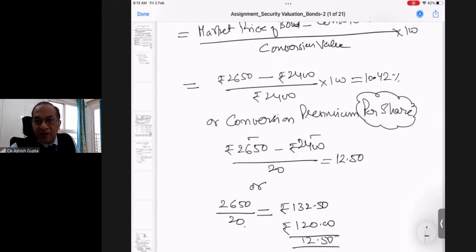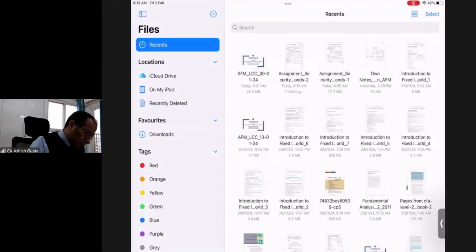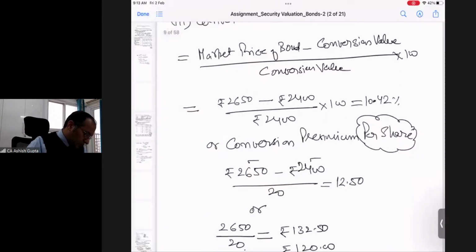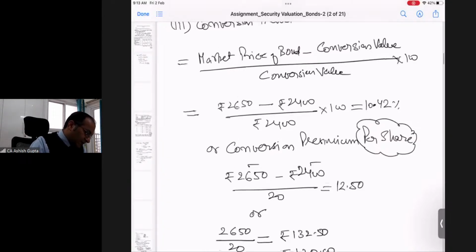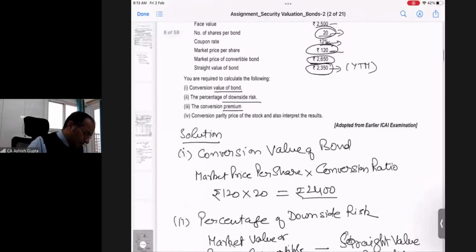Okay, student, let me check whether I have received any query. Now coming to the next part, we have to compute the conversion parity price of the stock and also interpret the result.